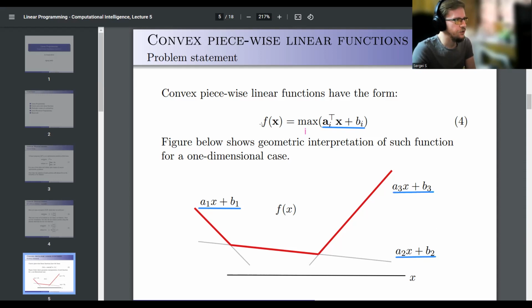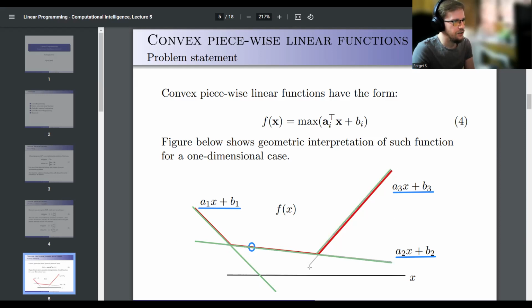Let's consider how we get f of x. Well, f of x is the max over all three. So let's consider, for example, the value of f of x here. How do we get this value? We can draw all three lines. Here's the first line, a1x plus b1. Here's the second line, a2x plus b2.